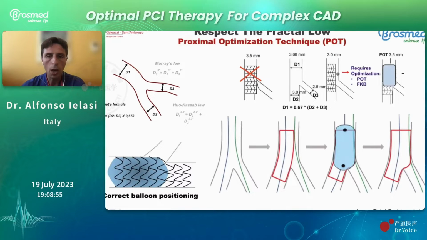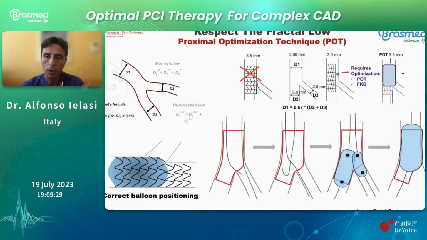In order to optimize the apposition and to obtain a nice geometrical relation between the stent and the bifurcation, the so-called proximal optimization technique, POT, is of paramount importance in order to fully appose the stent at the proximal main segment. This maneuver must be performed correctly and precisely. And now we have very important devices to do this step in a bifurcation PCI, before kissing balloon and after kissing balloon inflation.